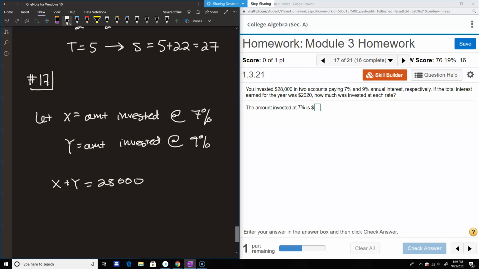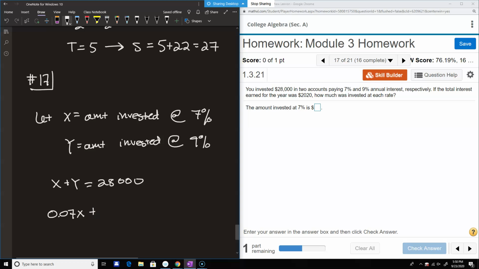So instead of $100, we know X dollars is invested at 7%. So to figure out the interest from the X account, you would do 0.07, the yield, times the amount invested, X. So we have 0.07 times X. Now we want to figure out the interest coming from the Y account.